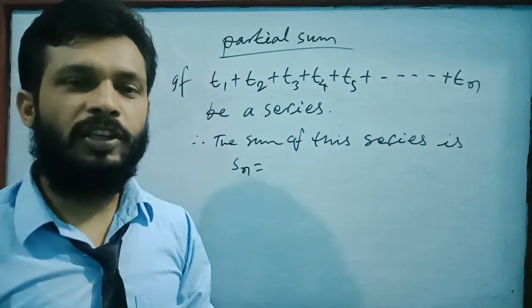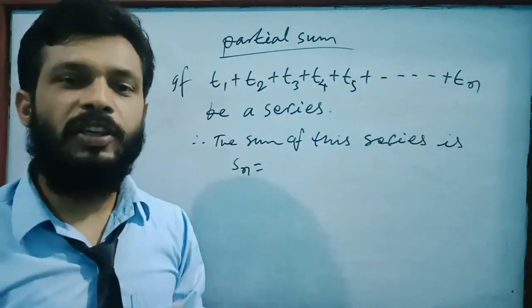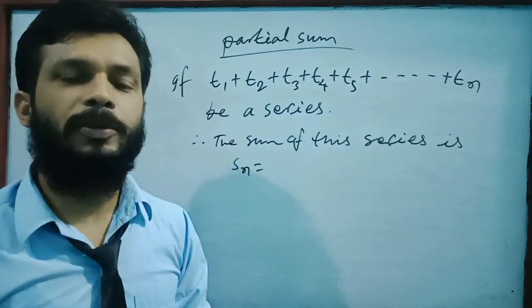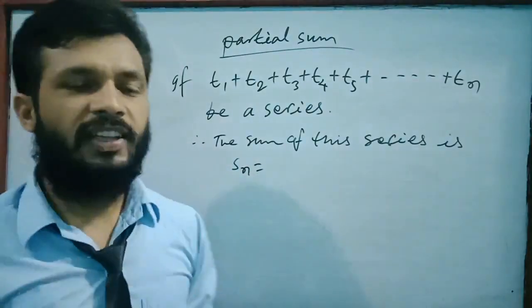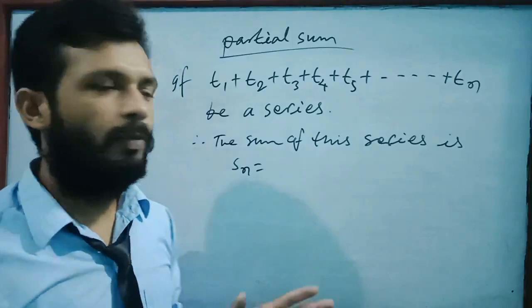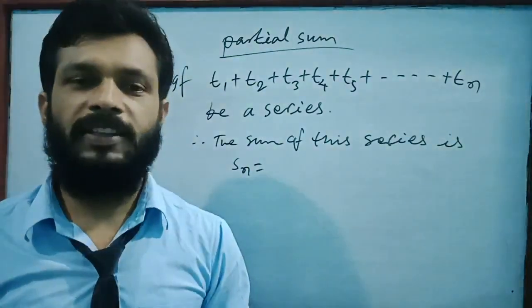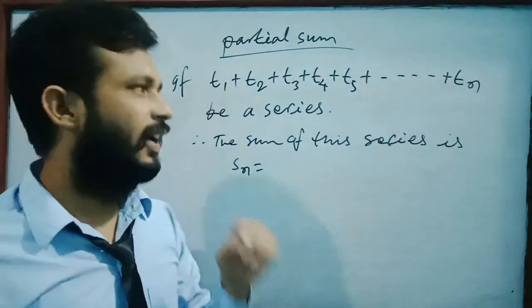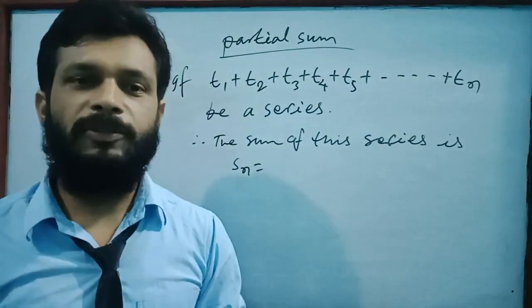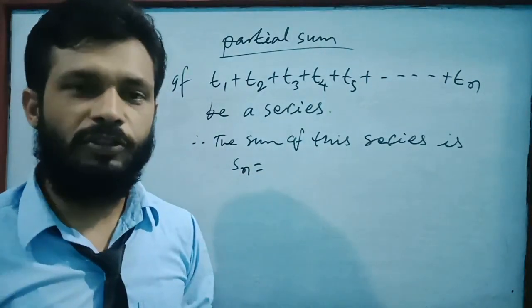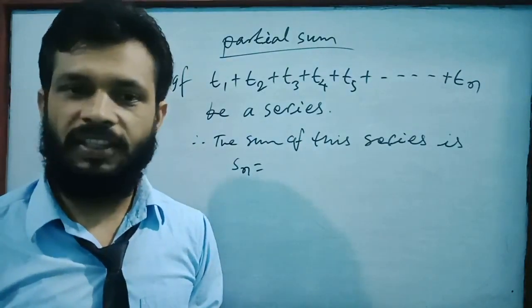If there are 4 terms, then the sum of 4 terms is denoted by S4. Suppose there are 5 terms, then the sum of 5 terms is denoted by S5. Suppose there are 8 terms, then the sum is denoted by S8. Are you clear?